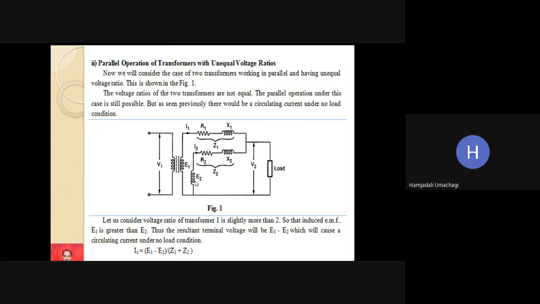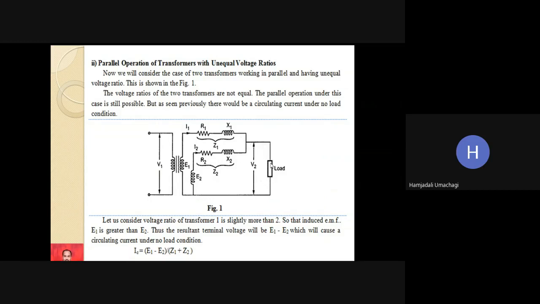In the previous session we discussed load sharing of two parallel connected transformers with equal voltage ratios, that is E1 equals E2 equals E. But now both the transformers have unequal voltage ratios, that is E1 is not equal to E2. In this case, we will analyze what load is shared by the first transformer and what load is shared by the second transformer for the common connected load.